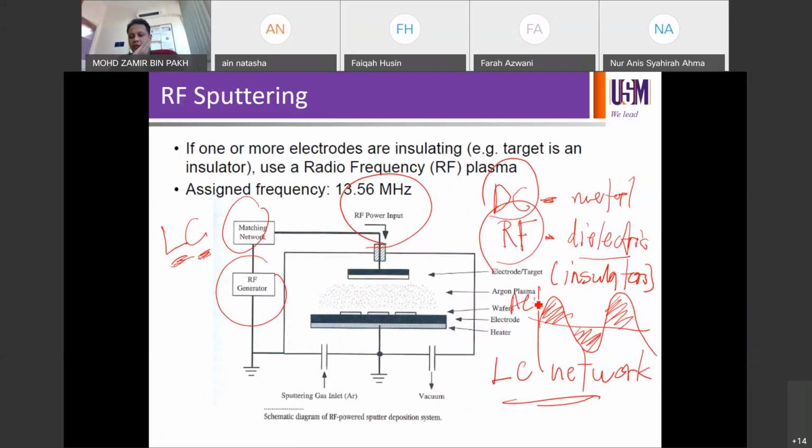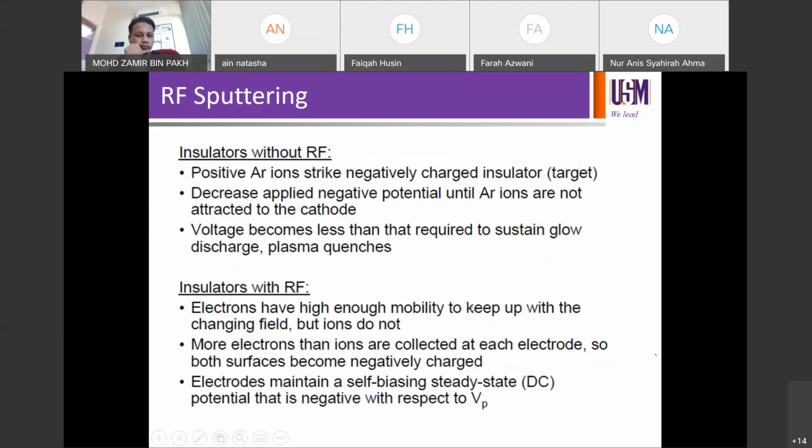So you won't have a conductive path at this cycle, at the low cycle. You won't have the conductive path of the materials on the target material, because it is insulator in nature, right? So it couldn't sustain the plasma, and the deposition won't happen.